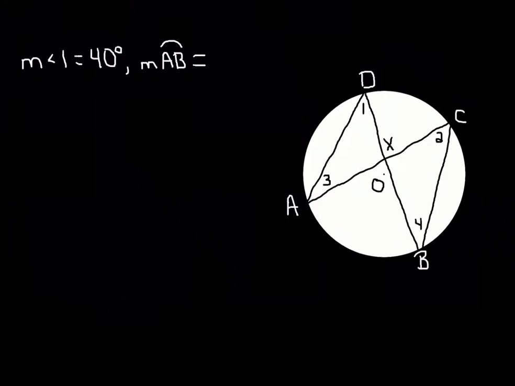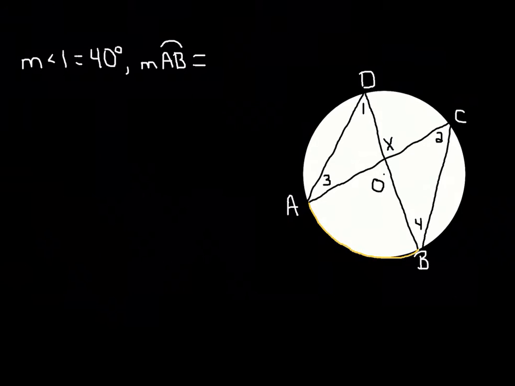Let's take a look at a few examples here. We have here a circle O, and we have a bunch of different chords going on here, a few angles that are formed. And this first one, we say the measure of angle 1 is 40. So up here at angle D, that is 40 degrees. What is the measure of arc AB? Well, if you take a look at arc AB runs from here to here.